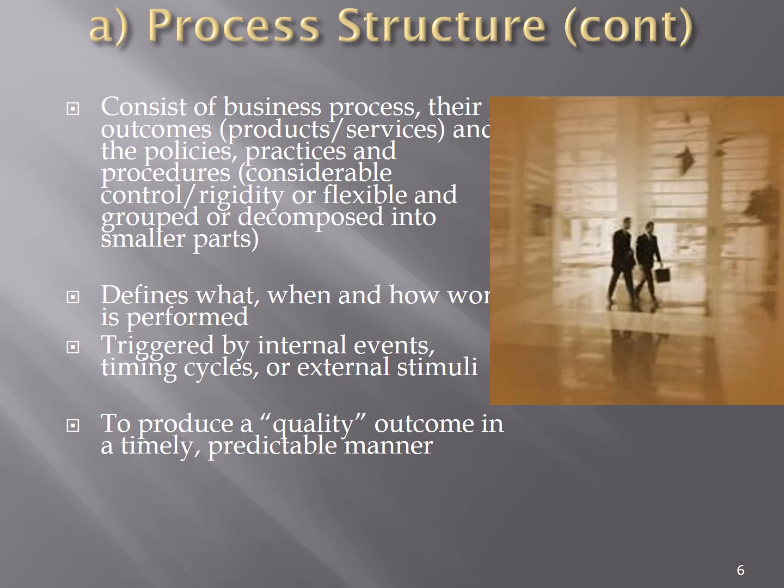Make it clear what skills, what knowledge are necessary to perform each process, and realize that the process has an influence on others and can interfere with the results. Okay, so usually this process structure is triggered by internal events, timing cycles or external stimuli.